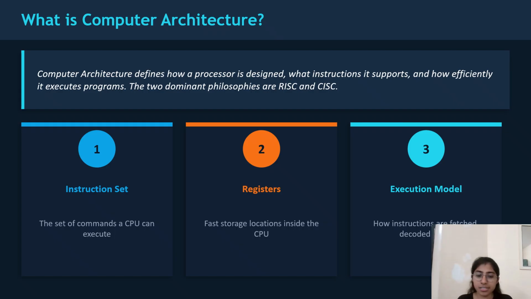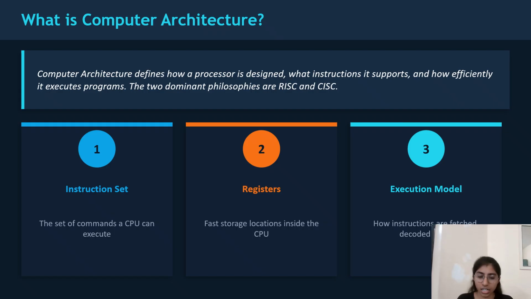Second, the registers. These are tiny, super fast storage locations sitting right inside the CPU itself. Third, the execution model. This defines how the CPU fetches the instruction, decodes it, and finally executes it.